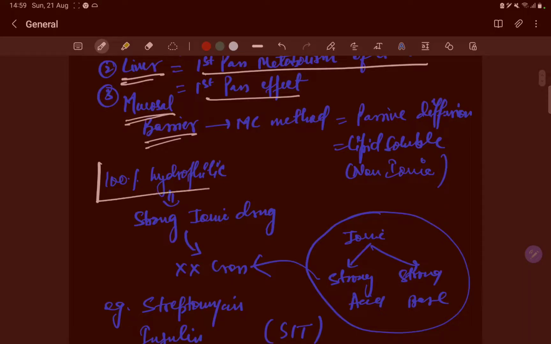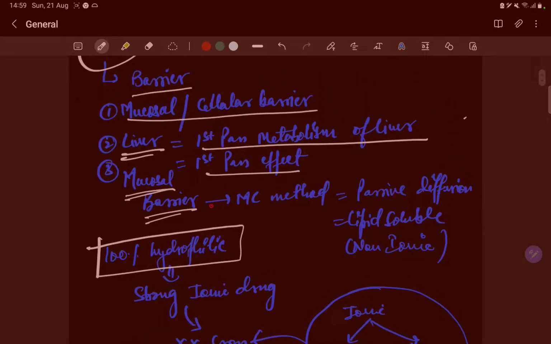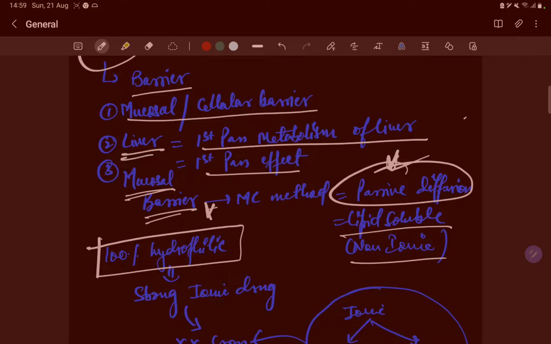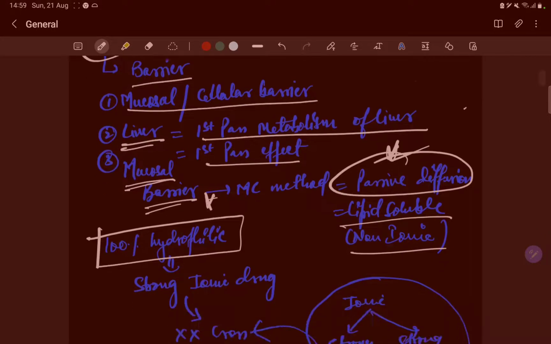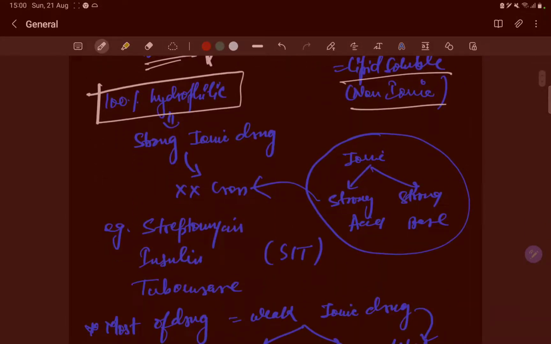Now, the mucosal barrier is very important, because passive diffusion, the most common method, happens there, and lipid soluble, non-ionic drugs get absorbed via oral administration. 100% hydrophilic and strongly ionic drugs, like a strong acid or strong base, do not cross.